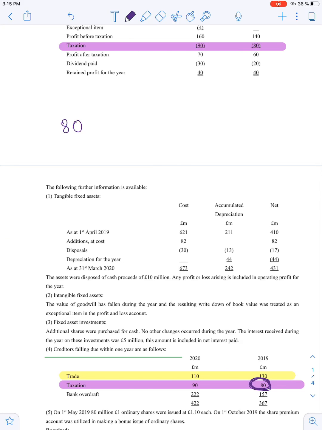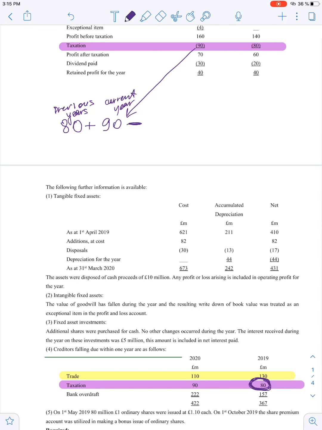During the year, the company earns profit, and for 2020, the company has to pay 90 more only for that period. So that was the previous year's liability. That was the current year tax expense.